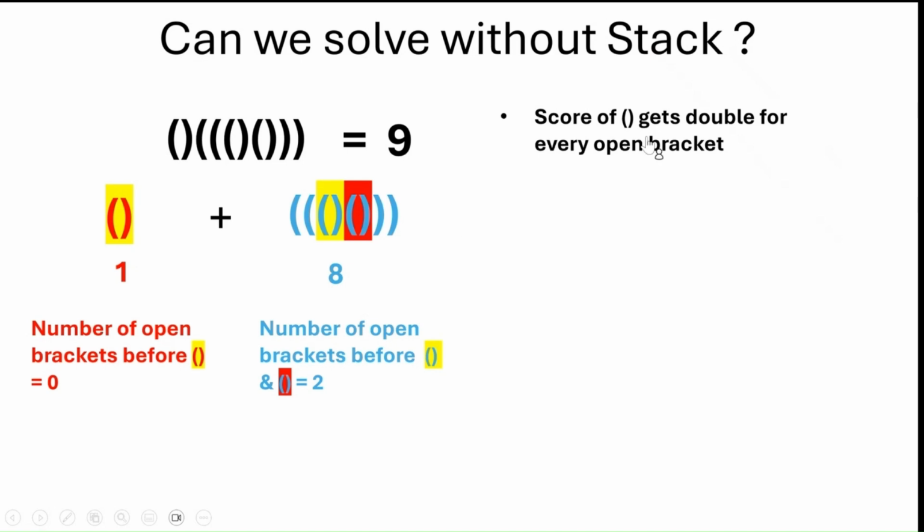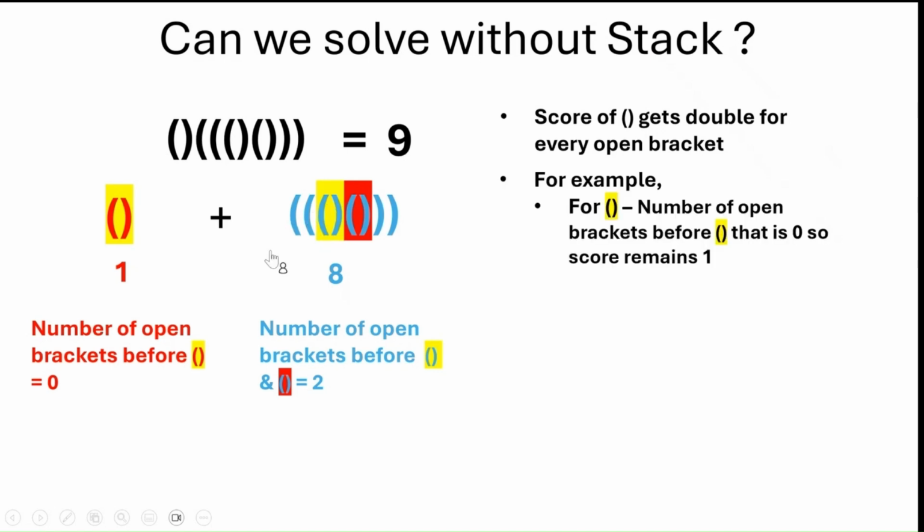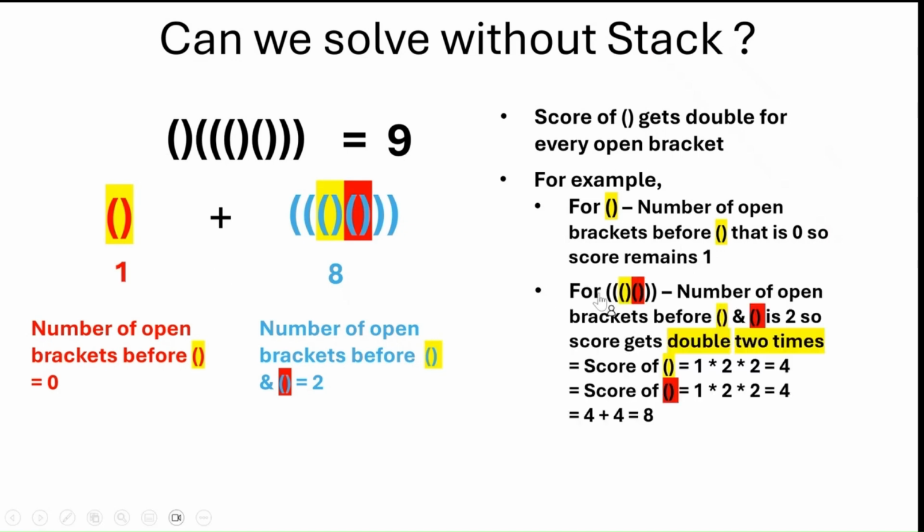Now the score of each empty parenthesis gets doubled for every open bracket. As we saw in the previous slides, if the empty parenthesis is inside an open bracket, for every open bracket, that score gets doubled. For example, for this first string, the number of open brackets before that is 0. So that's why the score remains 1. It does not get doubled. But for the second example, the number of open brackets before this yellow parenthesis and red empty parenthesis is 2. 1, 2.